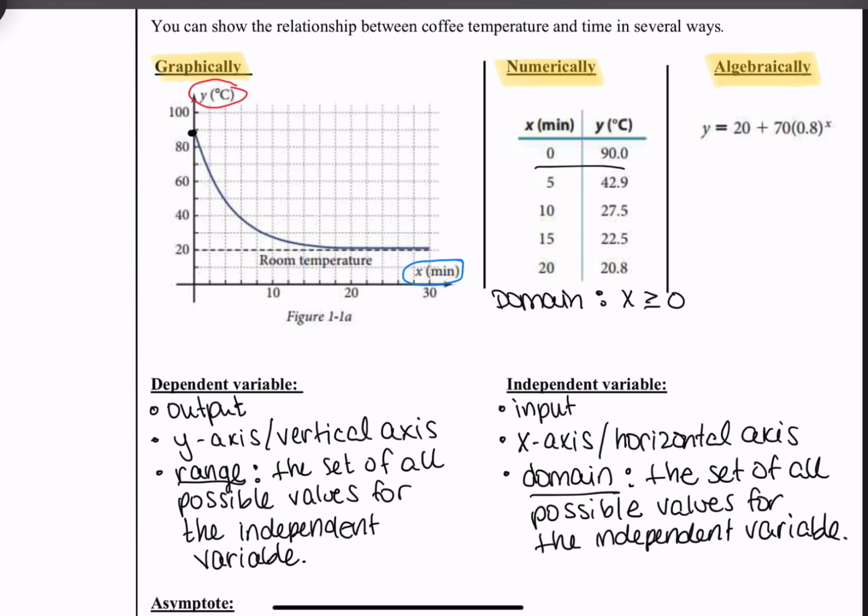So maybe at 8 minutes, I'll put a little dot there, I can see it's starting to decrease less and less, and it's approaching the temperature of the room. It's getting closer and closer to the temperature of the room. So the temperature of the room is going to be our lowest bound for our range, and that's actually our horizontal asymptote.